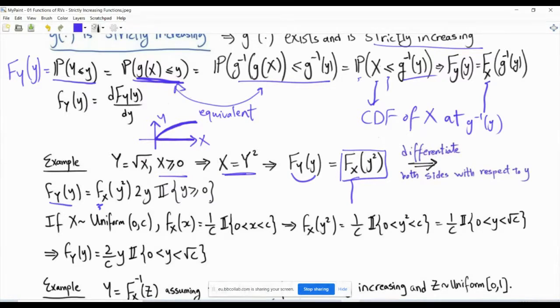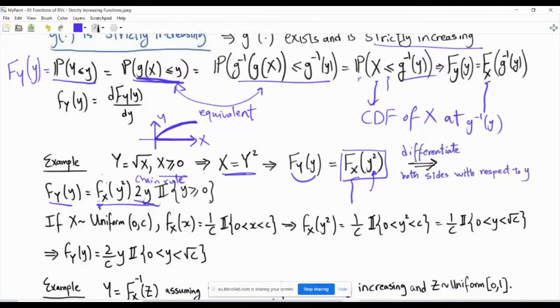The derivative of the CDF is the PDF, but you need to apply the chain rule because you are differentiating with respect to small y, and the argument of the function is y squared. You differentiate whatever is inside, so the derivative of y squared is 2y. Given the PDF of x, this will be the PDF of y.